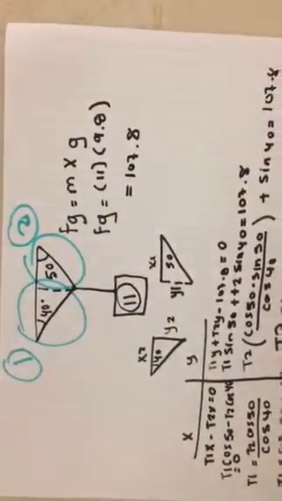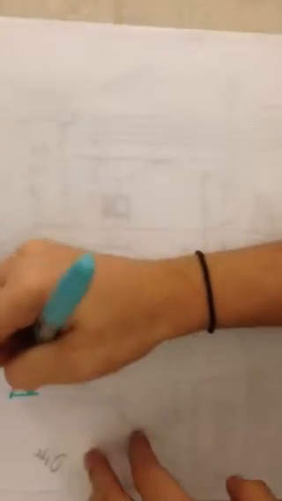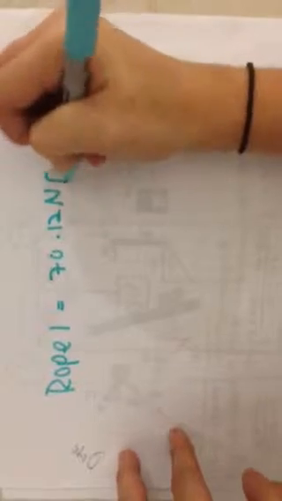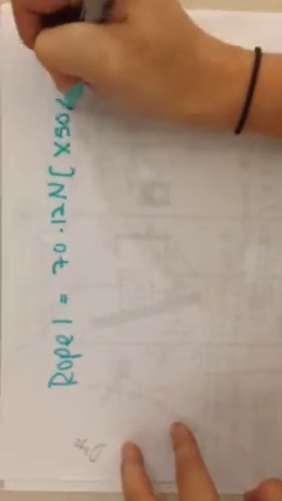So the final answer will give us rope 1, 70.12 newtons, and rope 2.